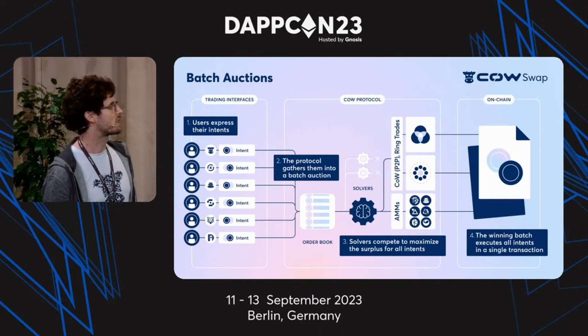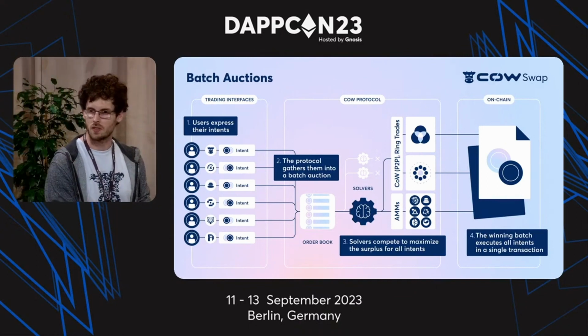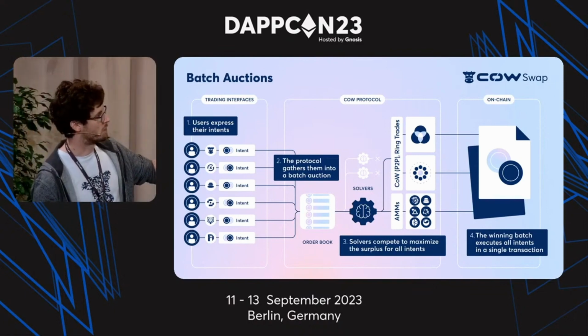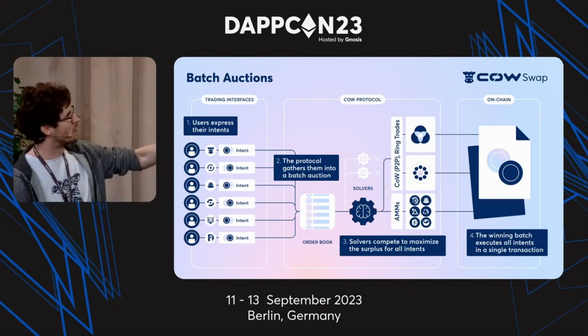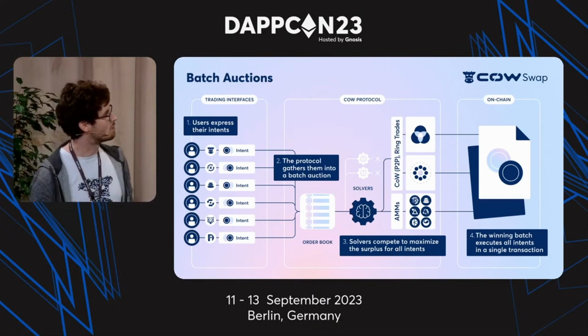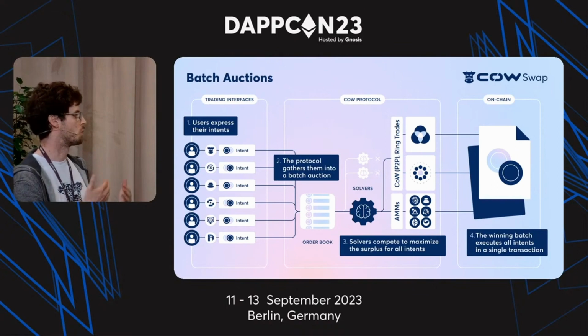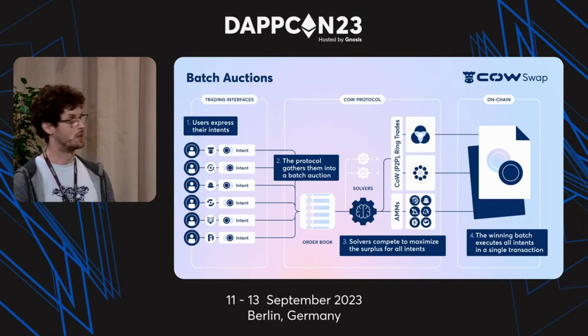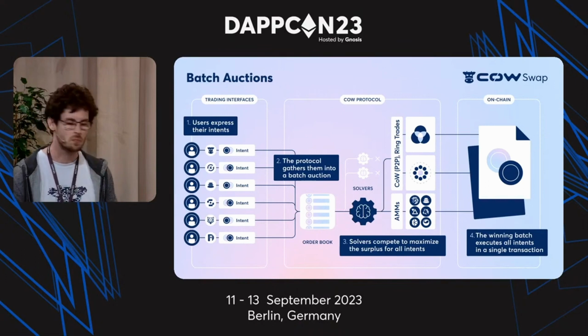So there's a lot of stuff going on. We collect intents, and you probably have heard a lot about intents already at DappCon. I'm not going into detail on that part. Then there's the middle part, where we have an order book, send it to solvers, and they try to find an execution, or try to fulfill those intents.